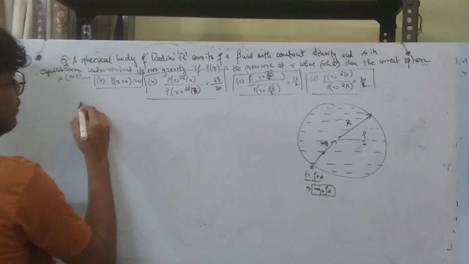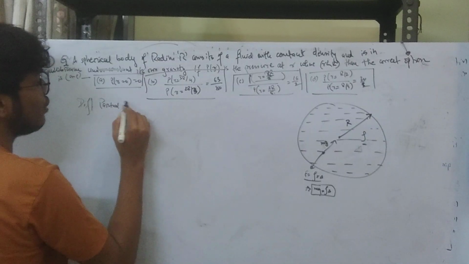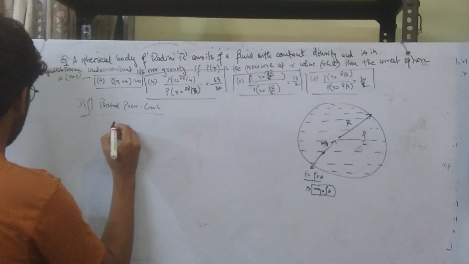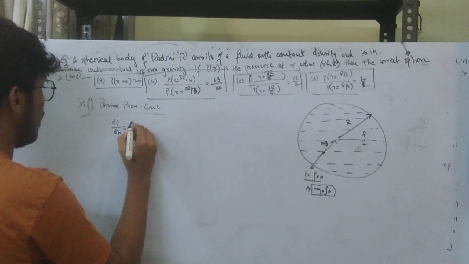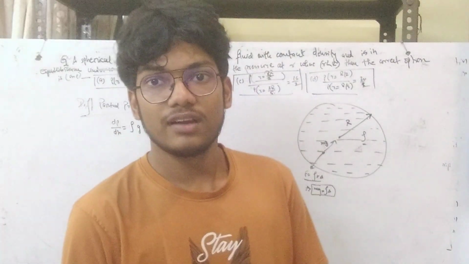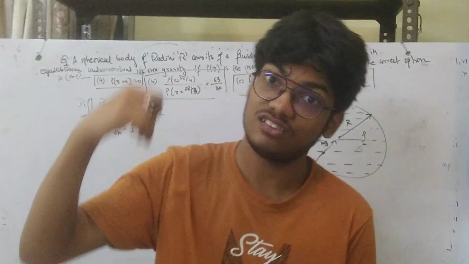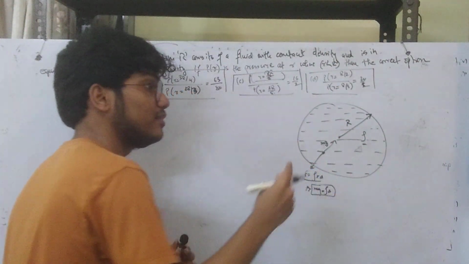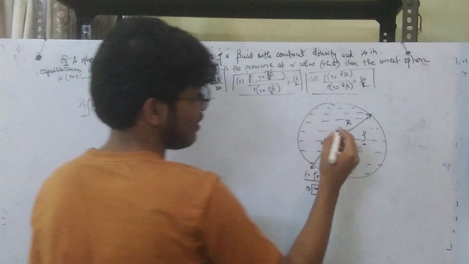The equation is dP by dh equals rho into g. Now what is this g? This g is nothing but the acceleration due to gravity, the same g as in mg.